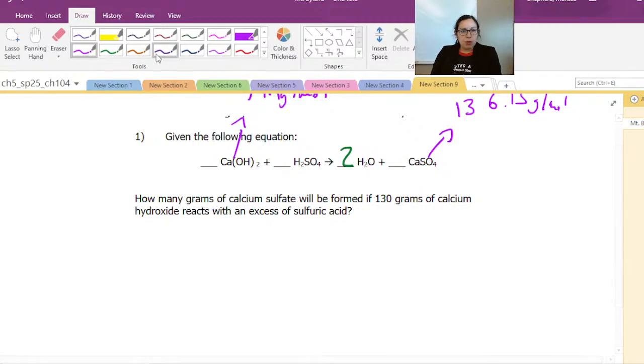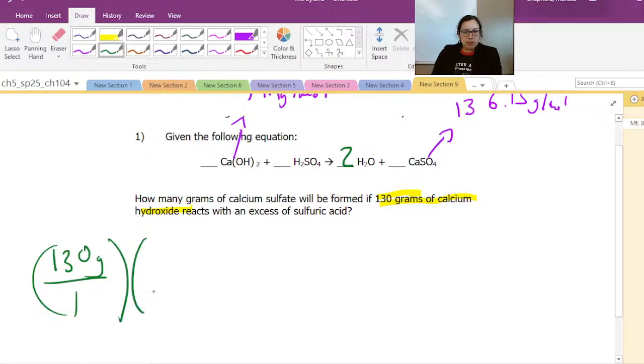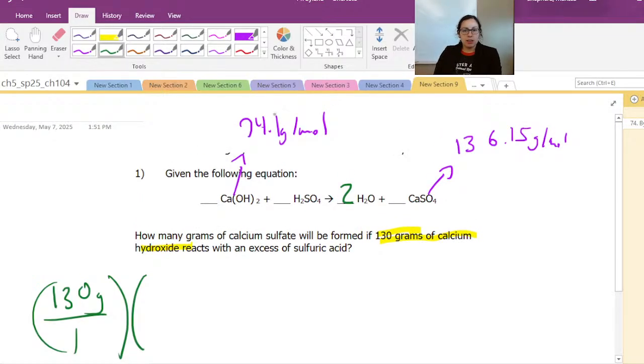Okay, so what are we given? We have 130 grams of calcium hydroxide. Luckily, excess sulfuric acid, right? So we don't have to worry about doing a limiting reagent problem. But let's finish it. So 130 grams of calcium hydroxide, divide by our molecular weight.